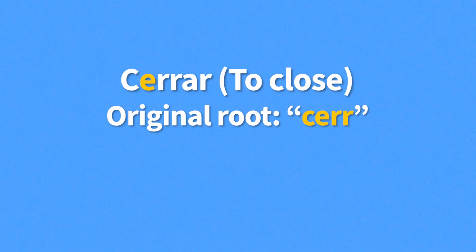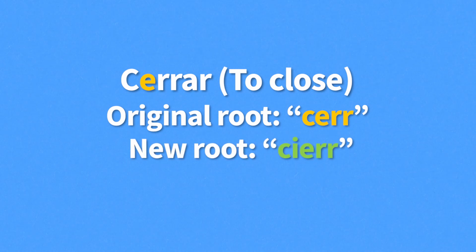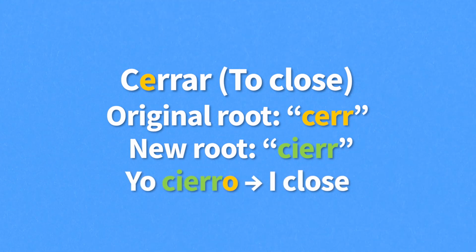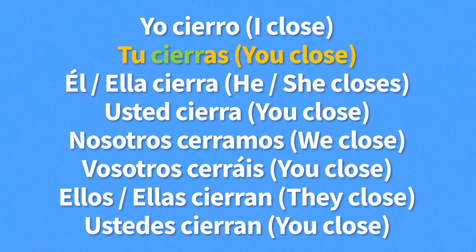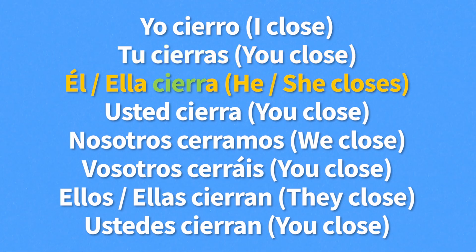The original root is cerr, which changes to cierr when conjugated in the first person. Yo cierro, I close. So the whole conjugation would be the following. Yo cierro, I close. Tú cierras, you close. Él, ella cierra, he, she closes.